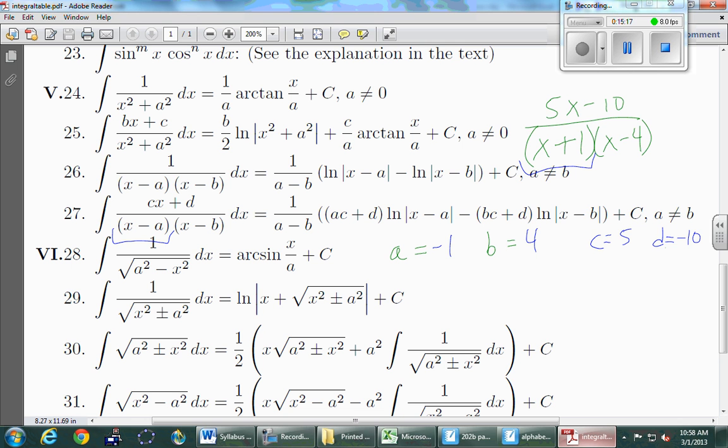Okay, so let's just look at a little bit of this and see if it agrees with what we had gotten. So 1 over A minus B, how much is that? 1 over negative 1 minus 4. Negative 1/5, is that right? And that's not in our answer anywhere, so presumably that's going to cancel later on. Let's take a look at this piece, AC plus D. Figure out what that's equal to.